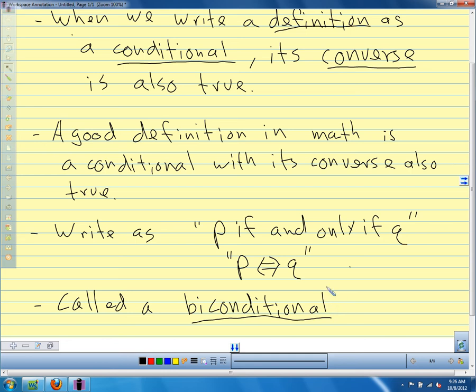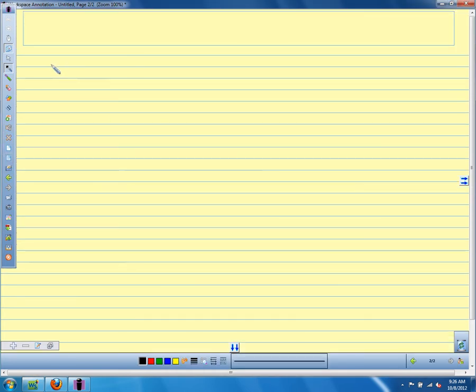So let me write a couple of examples of definitions and biconditionals and the conditionals. So any questions before I change the page here? Okay. So here would be a definition.